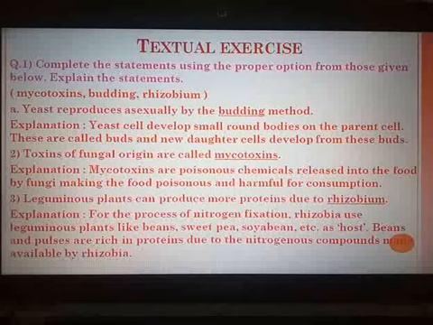With this, we complete question number 1 and we wind up with our today's session. In our next session tomorrow, I will be discussing the textual exercise and the additional questions for this chapter. If you just go through the questions for this chapter, for the majority of the questions there is no direct answer in the textbook.